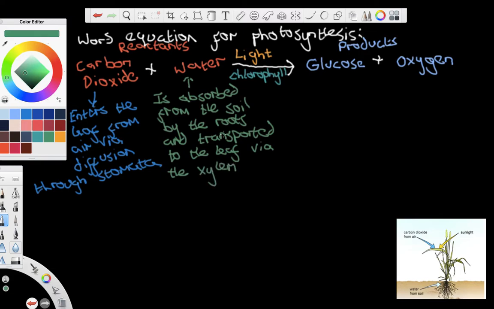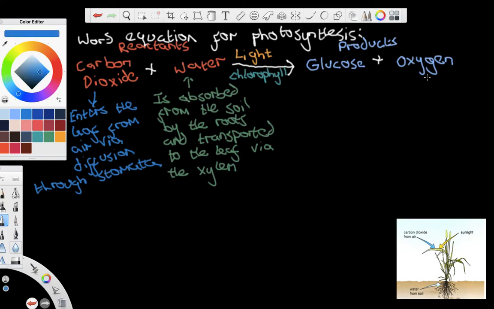Okay, so carbon dioxide enters the leaf from the air via diffusion. Water is absorbed from the soil by the roots, transported through the xylem to the leaf, where it is added to carbon dioxide with use of light energy via the chlorophyll to make glucose and oxygen.